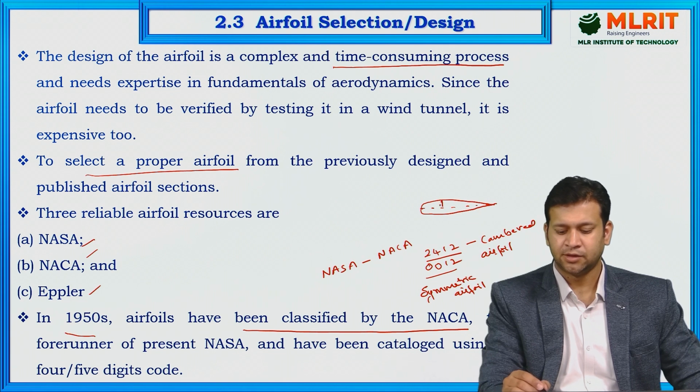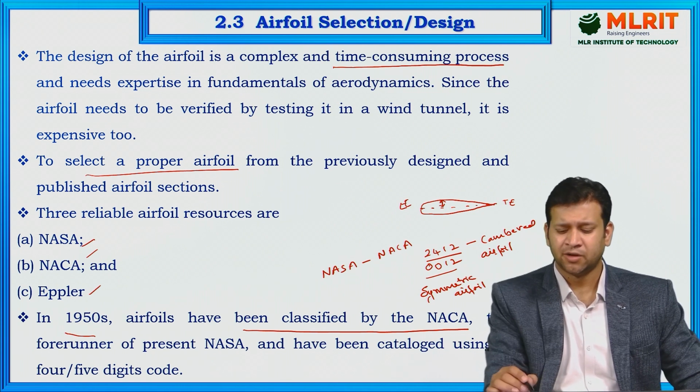If we see, this is the chord line, starting from the leading edge to the trailing edge. This is the line which is the shortest distance from leading edge to trailing edge. For a symmetric airfoil, this chord will be exactly at the center. This chord line will divide the surface equally into two halves.